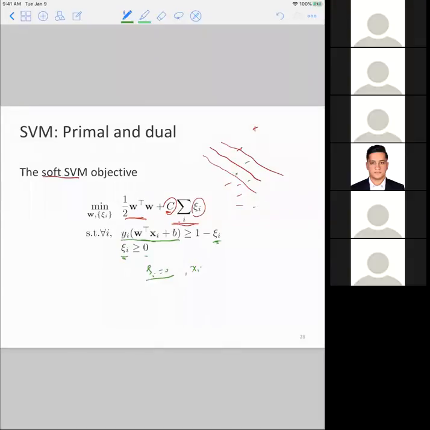It stays on the margin or outside the margin, right? Okay. When ξi is bigger than 0, what will happen? When ξi is bigger than 0, say 0.5, then xi can intrude the margin, can stay inside the margin.